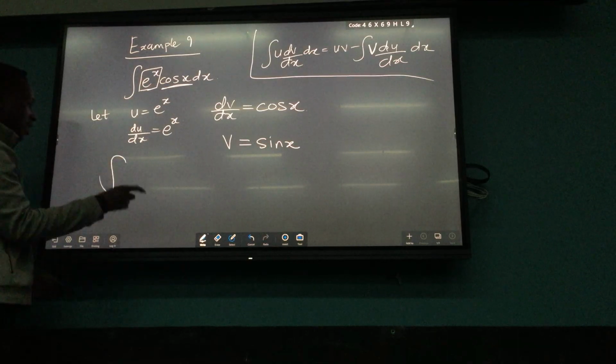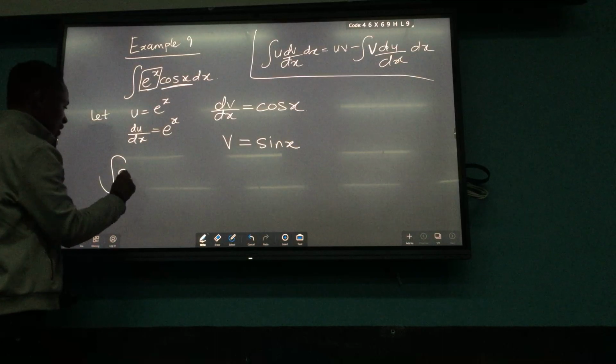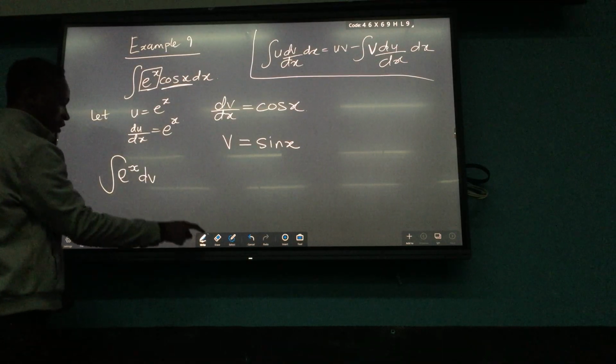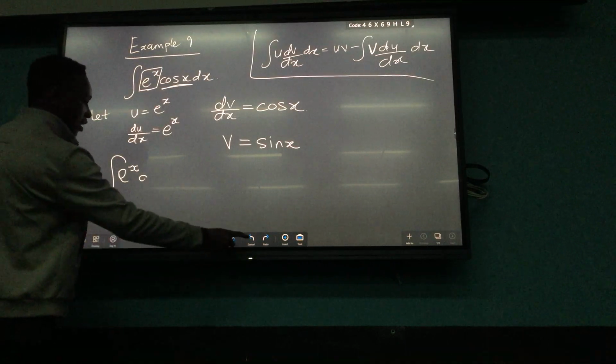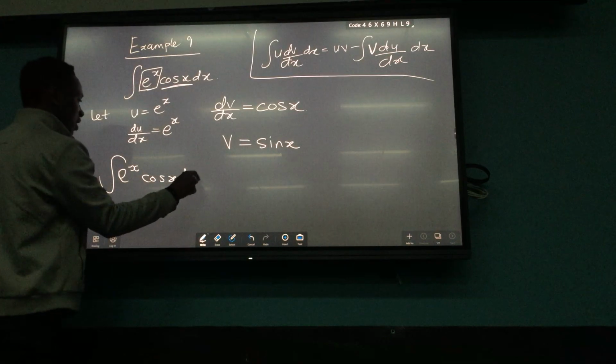Then your integral of u dv dx is going to be the integral of e to the x, that's your u, times your dv dx, which is cos x, then dx.